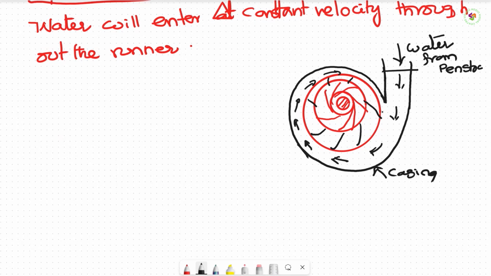Here, if you take it, the velocity with which the water enters here, here, here, all will be maintained constant. The reason I am telling why we are decreasing is here when water enters, it's pressure energy plus kinetic energy, right? With some velocity it enters. If I maintain the same thing, what will happen actually? The velocity goes on decreasing. So that is why we are reducing the flow section.